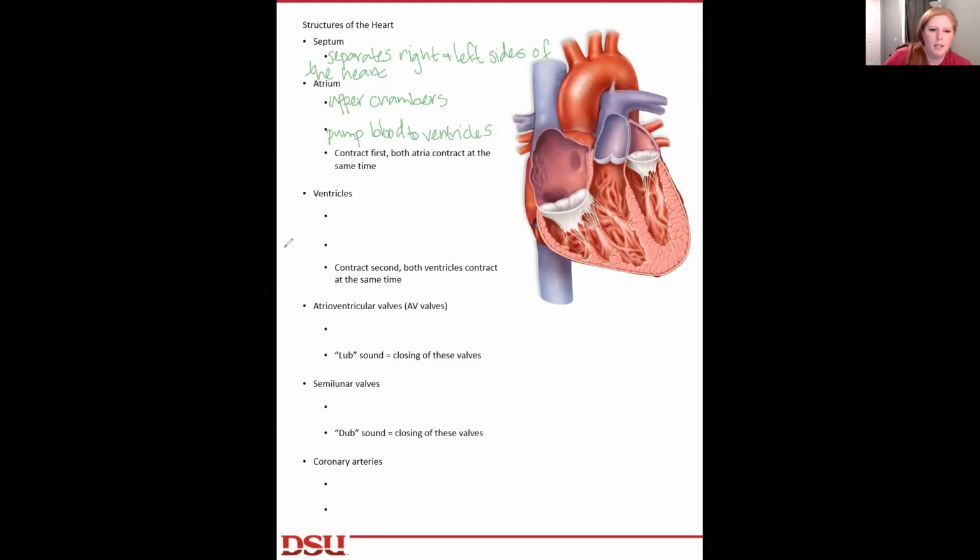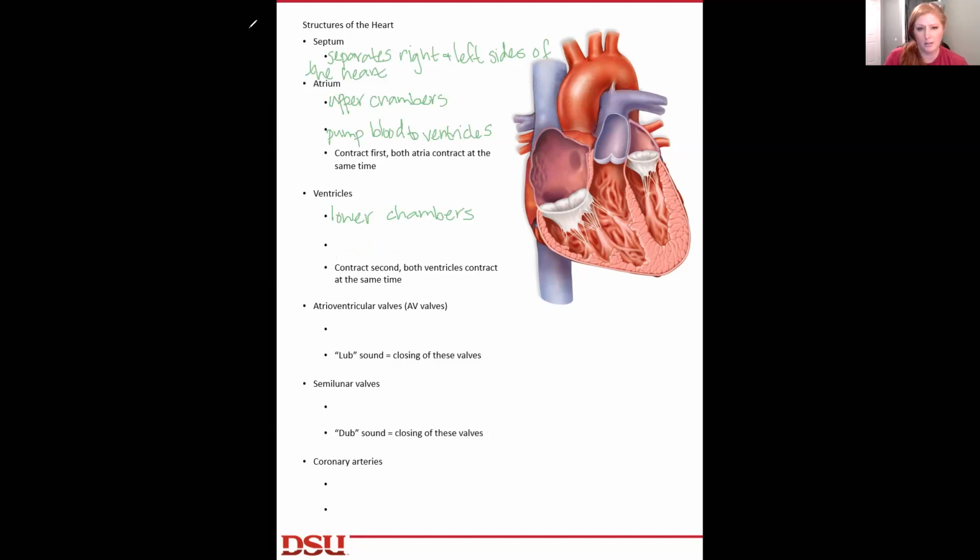Then the ventricles are going to be the lower chambers, and they're going to pump blood to the arteries. Specifically, when we're talking about the ventricles, the left and right sides each have their own job.